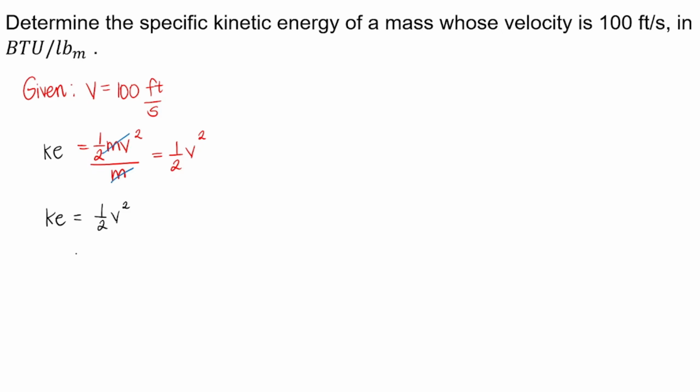So, proceeding, let's write what we have. 1/2 times our velocity, 100 feet per second, and that is squared. So, distributing square to the unit and to the numerical value or the magnitude of the velocity, we will have 100 squared is equal to 10,000.